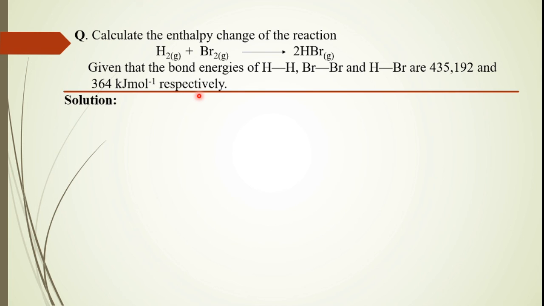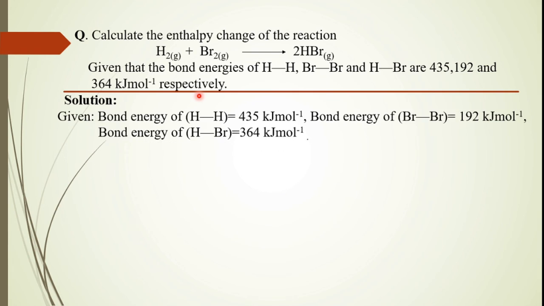So first of all, we will write the given things. What are the given things? Bond energy for the H-H bond is equal to 435 kilojoules per mole. Bond energy for the Br-Br bond is equal to 192 kilojoules per mole, and bond energy for the H-Br bond is equal to 364 kilojoules per mole.